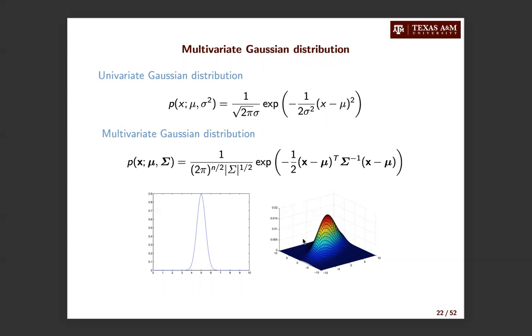So here in this example, we see a two-dimensional Gaussian distribution where the x and y axes correspond to the two variables, and the z-axis corresponds to the result of this Gaussian distribution. Again, we see that the shape of the Gaussian distribution can reflect its mean.